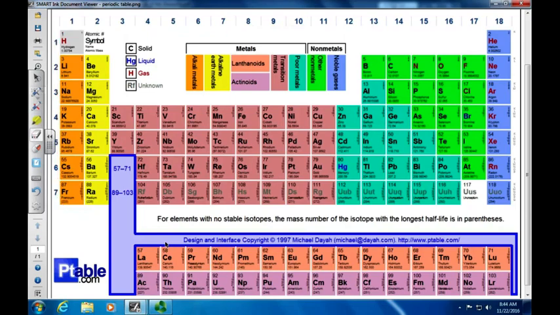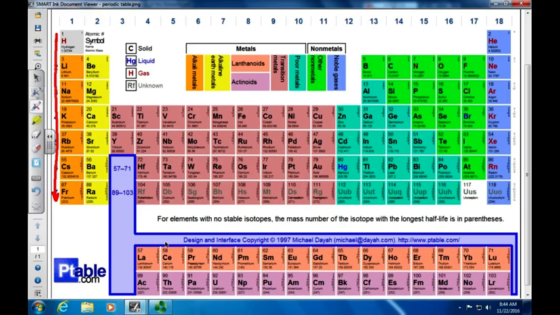Okay, so when you're looking at ions, we're going to look at the trends of ions. Now, the most important trend with ions is that the ions get larger as you move down the periodic table with respect to each group.